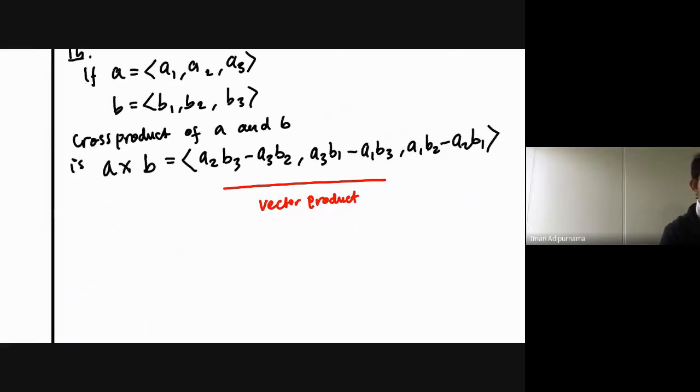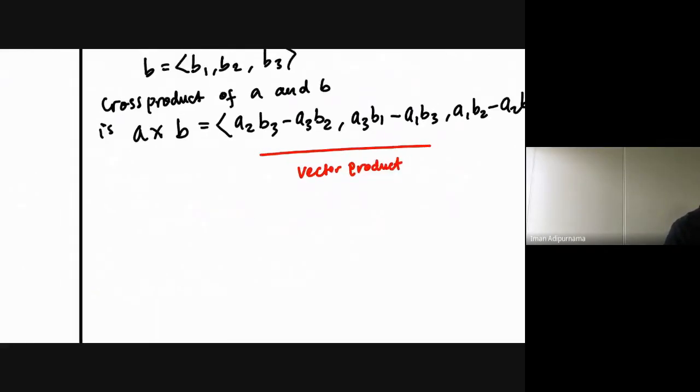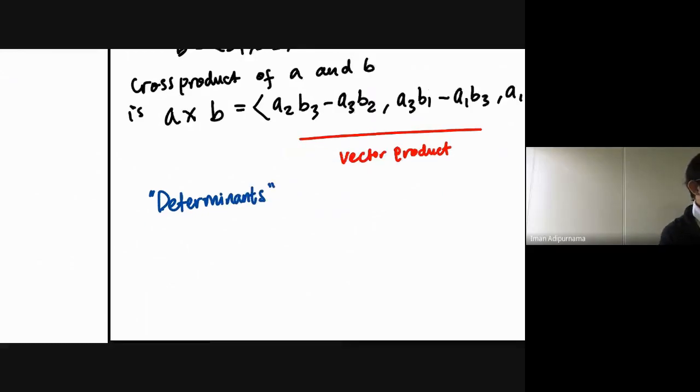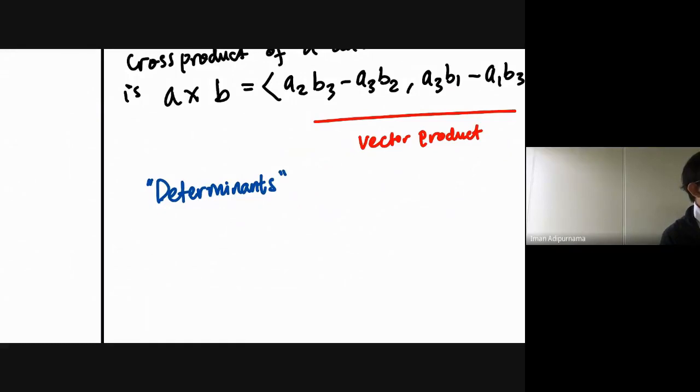To help you understand the concept, remember the concept of determinants. Usually the determinant is explained with a matrix, and the matrix is, I think, one of the best ways to visualize how the cross product works.